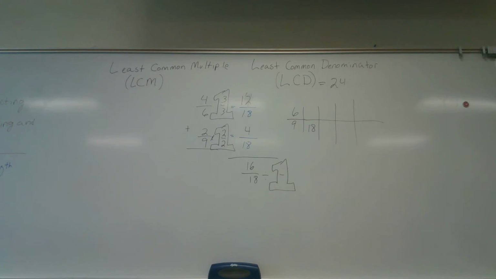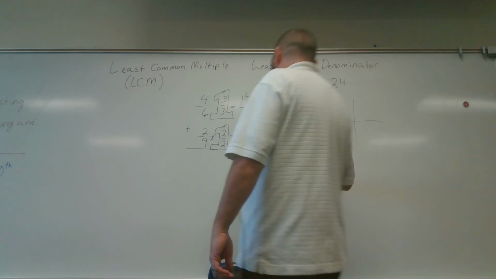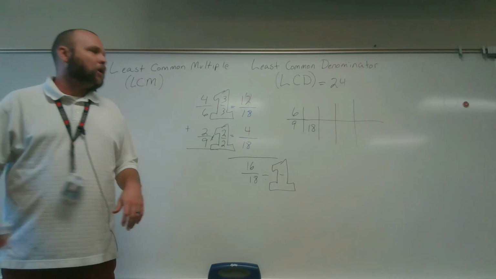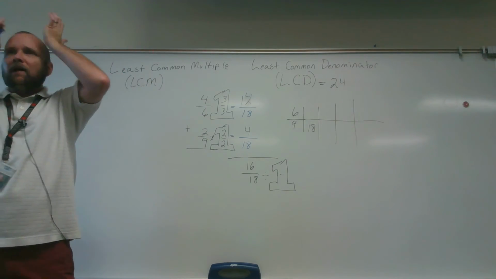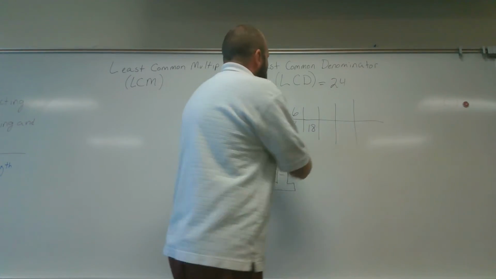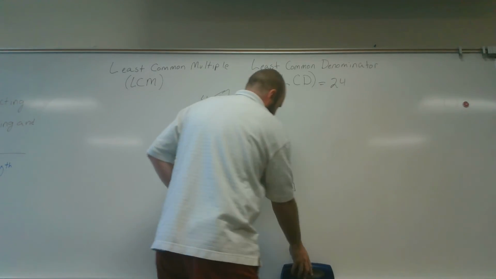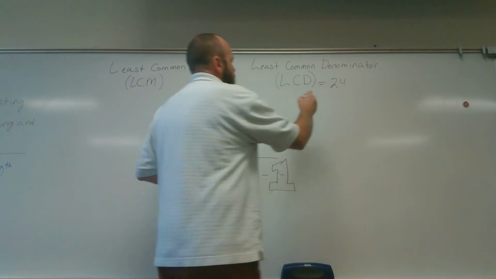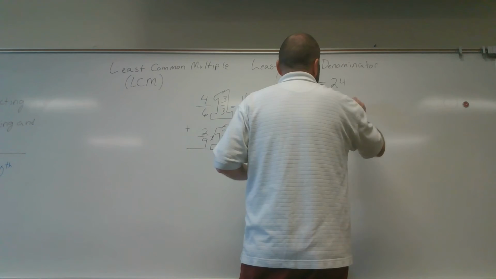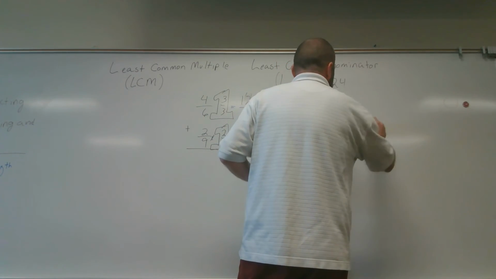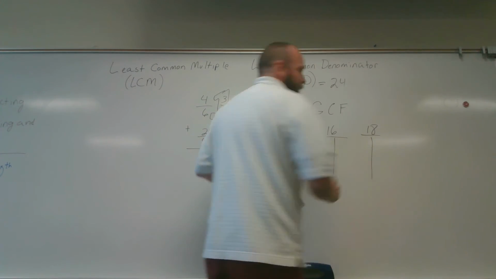So I'm going to divide 16/18 by a fraction that equals 1. I don't have all these memorized. Well, what we've already done is greatest common factor. So we're going to find the greatest common factor.